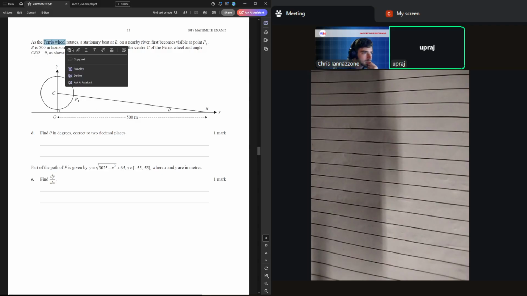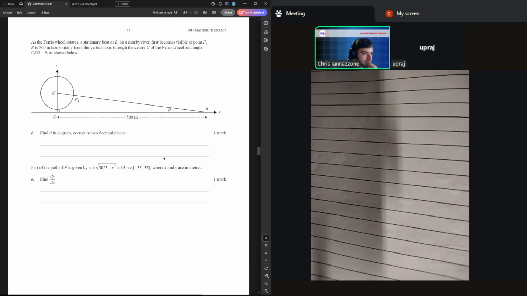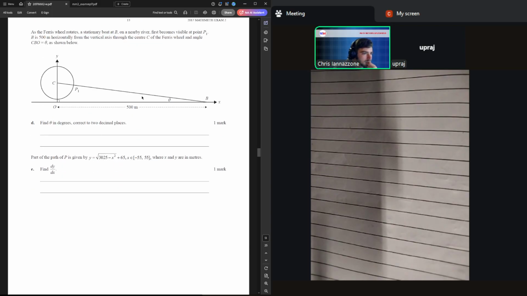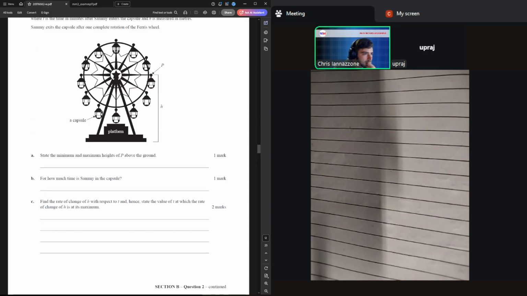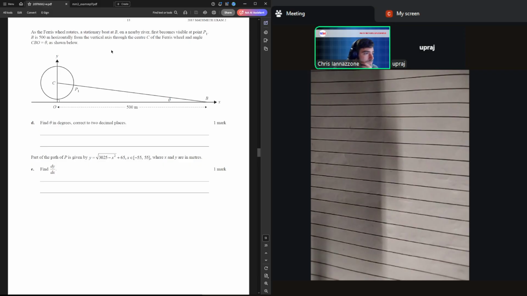With the old Ferris wheel. We got this h of t, which tells you the height from ground. Ground is still considered where that origin is, so we're still going to be requiring something to do with that h of t.